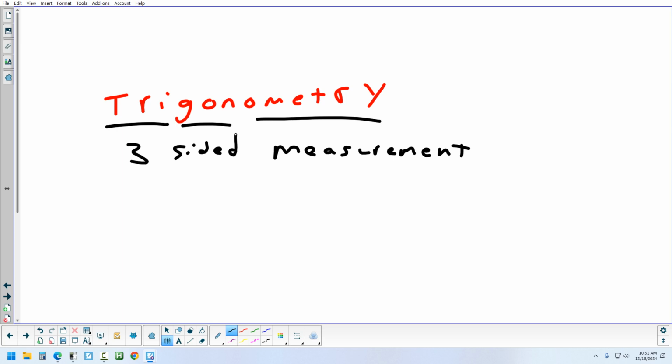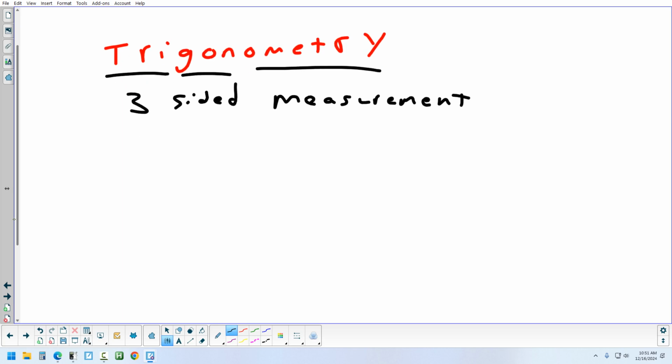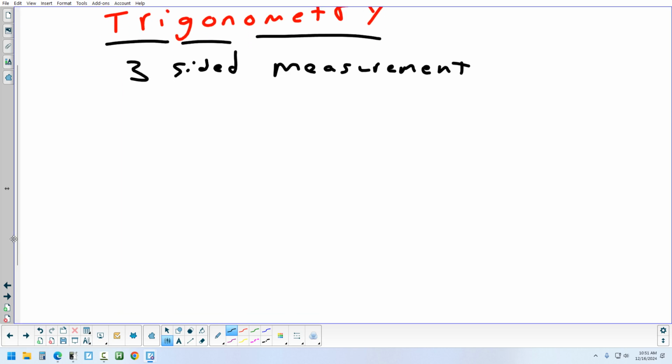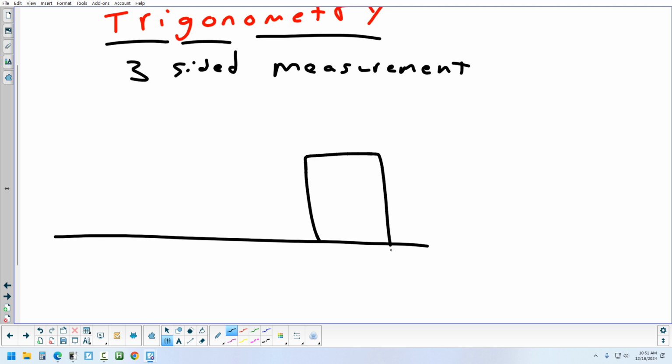So here's an example of something you could do with trig. Let's say that you have a building over there. You're standing over there with your arm detached. And let's say that you know how far you are from the building.